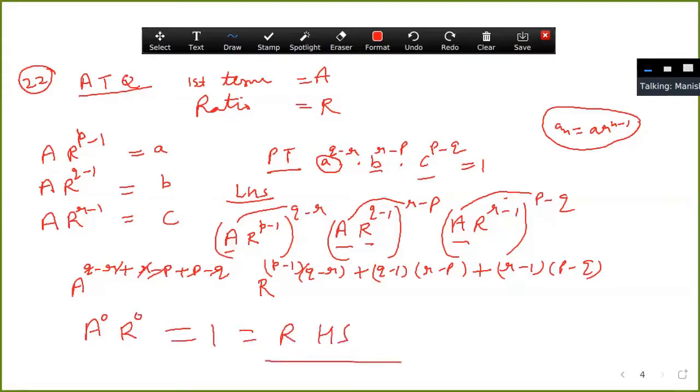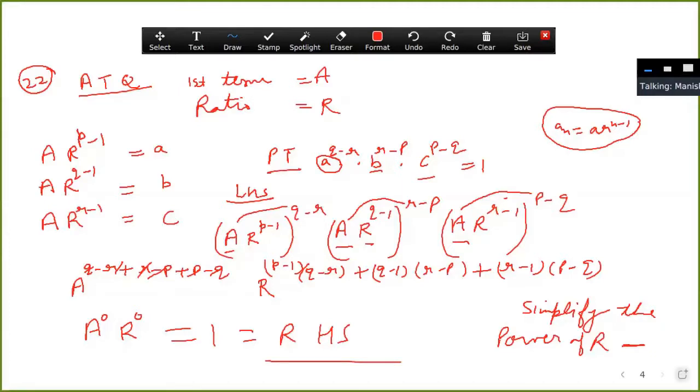You will do this simplification of the powers of R on your own. All terms in the power of R cancel each other, and you will get R to the power 0.